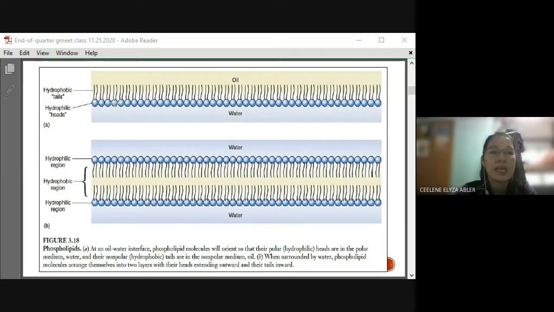Okay, so why is it hydrophilic? It's because it attracts water. This part actually attracts water. Why does it attract water? Because this is a highly polar substance, the phosphate group on top. The phosphate group on top is also negatively charged. So what it attracts at this part are those that are positively charged.